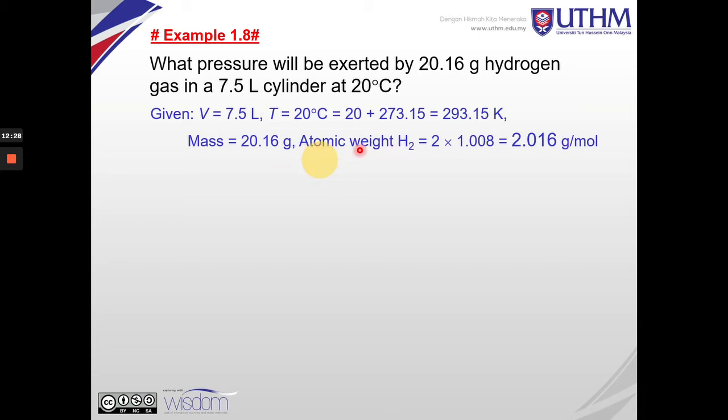So you can look at the reference books to check whether the value is right or wrong. Okay, so the number of moles is 20.16 divided by this atomic weight of H2, so we get 10 moles.